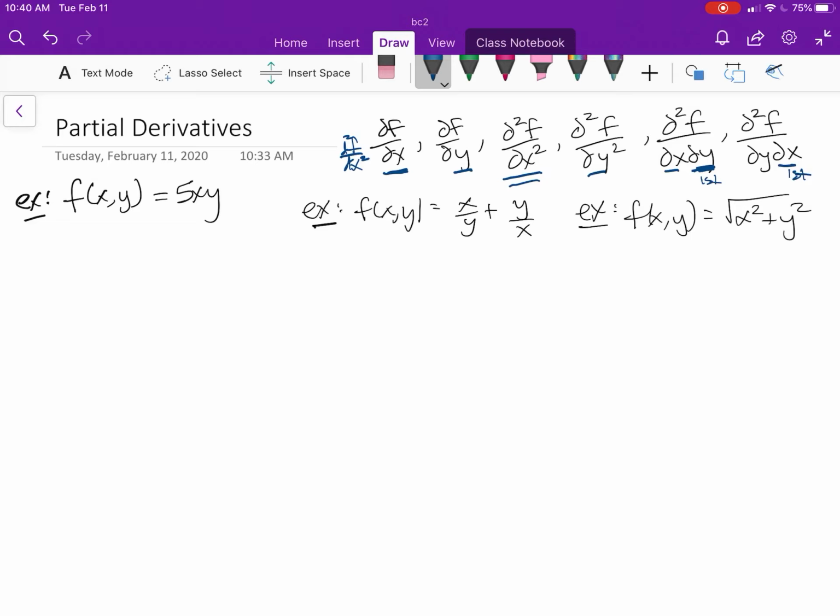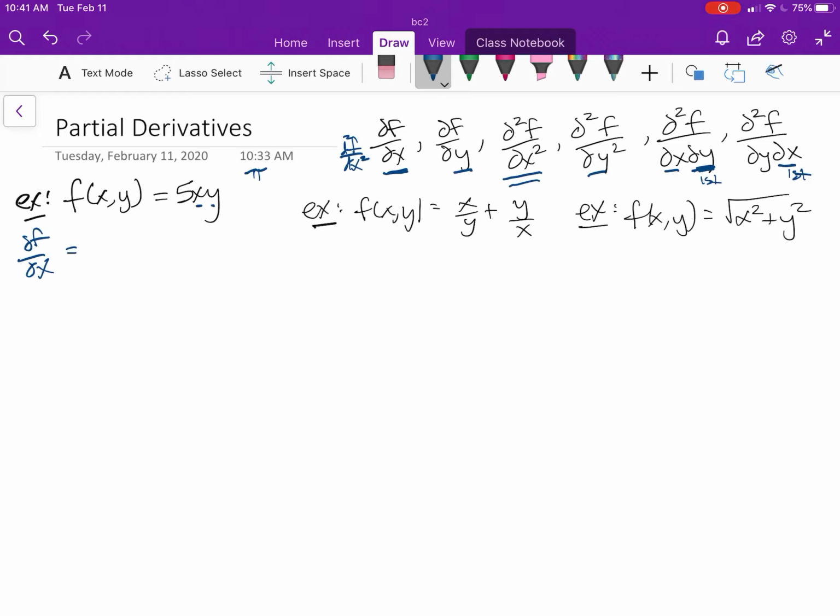Okay, so if we look at this first example, the function is 5xy. Partial f partial x tells me that x is the variable. Treat y like it's a constant, right? Pi, when we add pi, we treat that as a constant as well, even though pi technically is a number, 3.14, an irrational number.